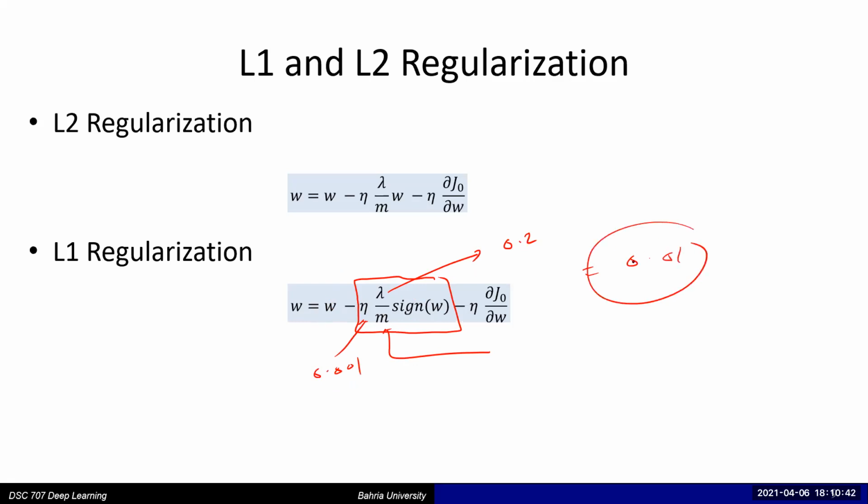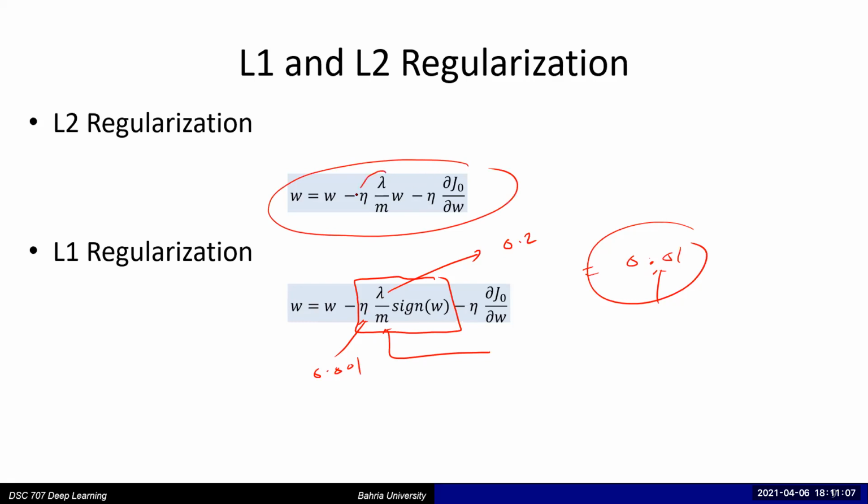Every time you are subtracting 0.01 from W. If W is a big value, then this 0.01 is nothing. If W is a very small value, then this can be very significant. So irrespective of the value of W, you are subtracting a constant value every time you apply L1 regularization.